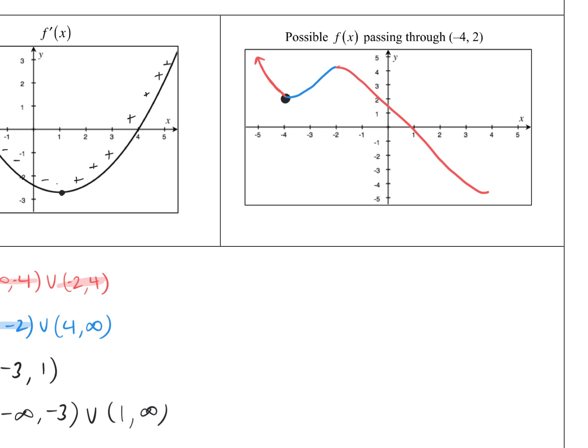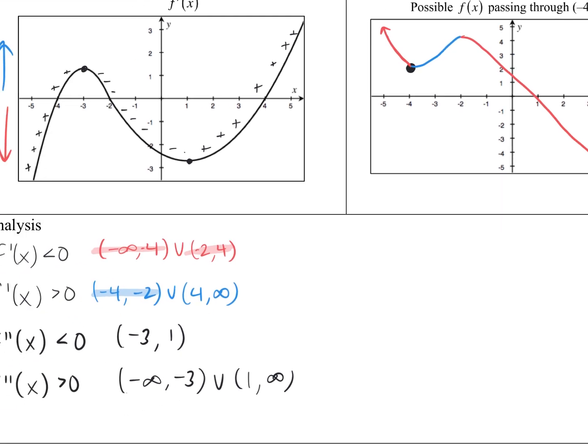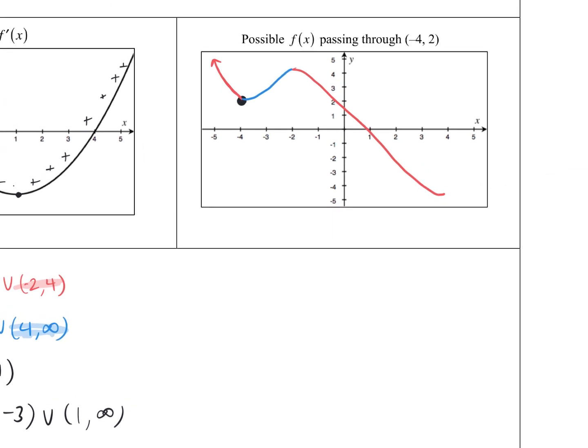Yeah? Either one is fine. Again, it's a possible graph. And then we increase at 4 to infinity. So I'm going up to the right at 4. Okay? That's just using my information about increasing and decreasing.